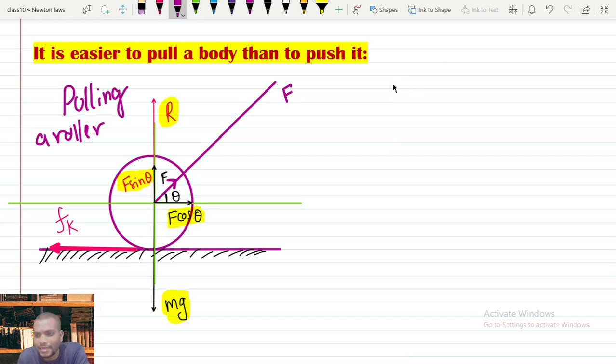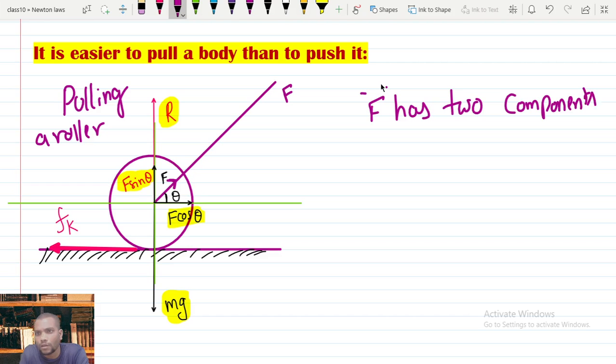So let us equate the sum of the forces. The only observable thing here is that the applied force F has two components in the pulling case. One is the horizontal component, F cos theta.